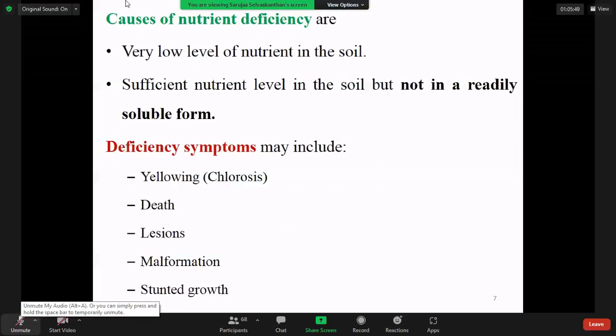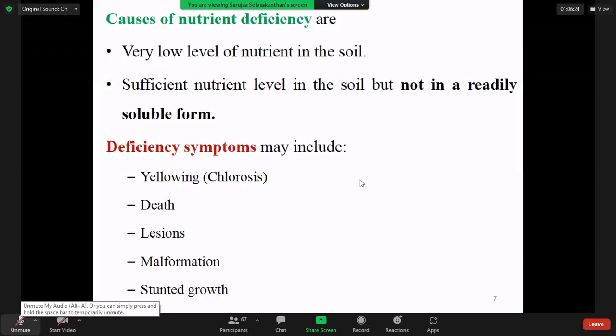So, because of nutrient deficiency, nutrients in the soil are very low. Or there may be a sufficient nutrient level in the soil, but not in a readily soluble form. Deficiency symptoms we can see are yellowing, death, lesions, malformation, and stunted growth.